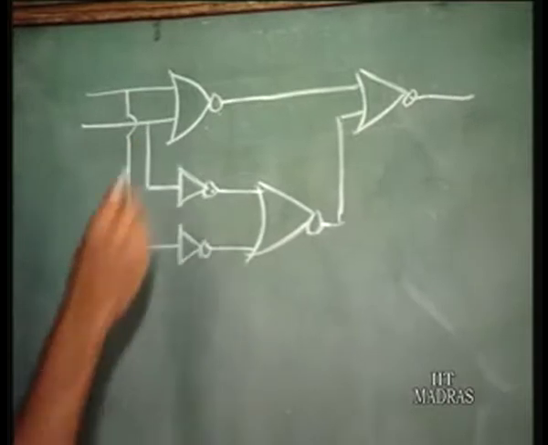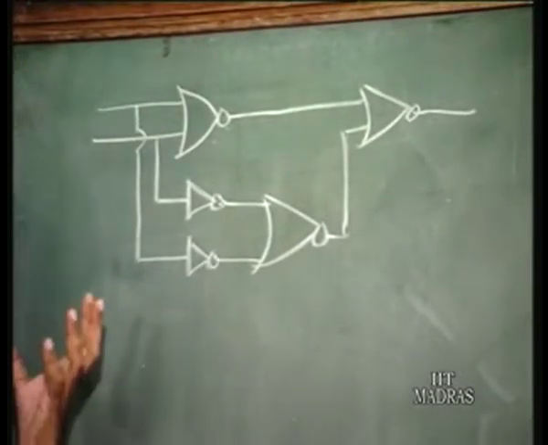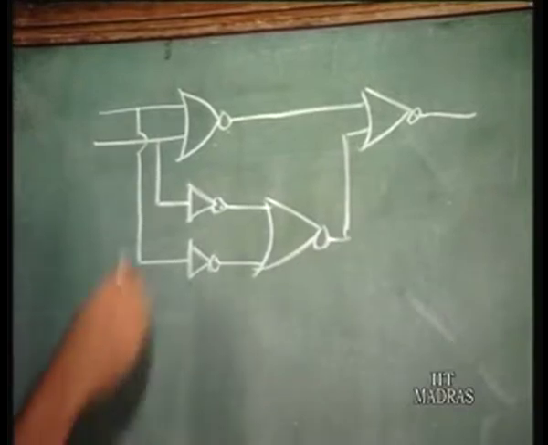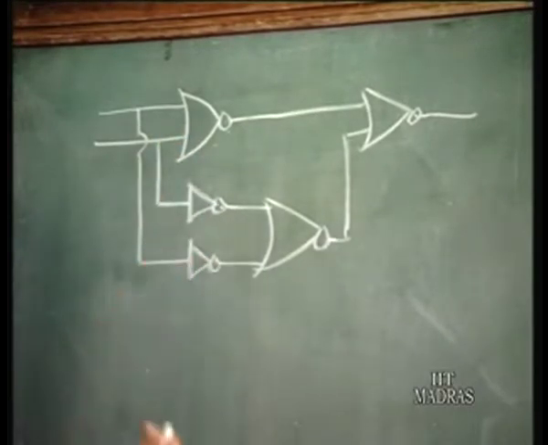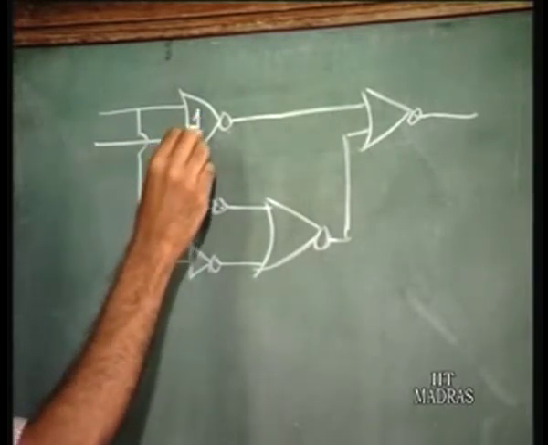Okay. So, when we want to realize it using I squared L circuit, the way to do it is first to go down to the transistor level. That is, first we have to number these gates.